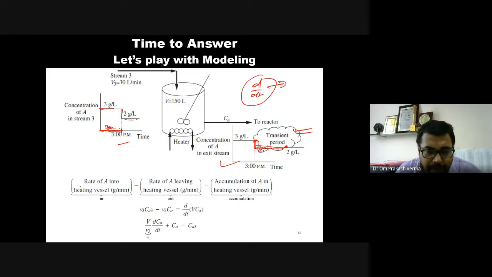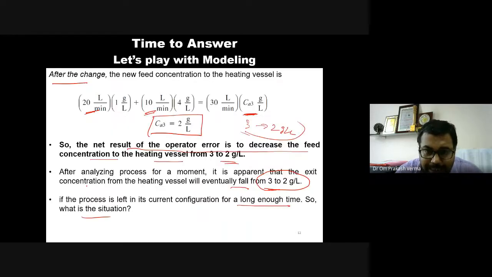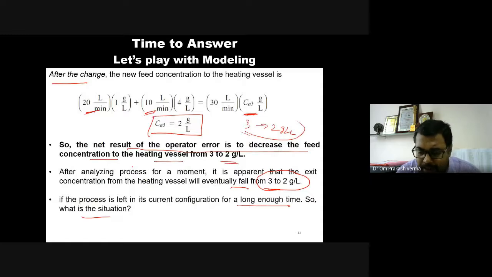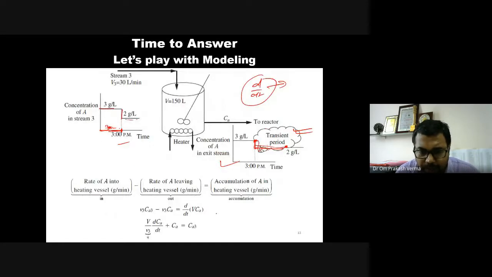So this is the steady state equation. Remember, this is the steady state equation. A steady state equation, there is no change with time. However, this equation is the unsteady state equation. Why? Because here the concentration of the component is changing with reference to time, right?